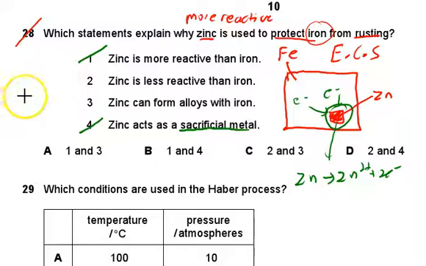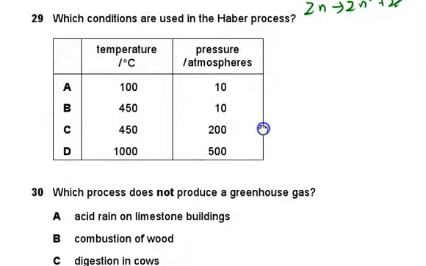This metal is also used on ships. So your best answer here will be 1 and 4. Now let us move to question number 29. The Haber process is to produce ammonia.